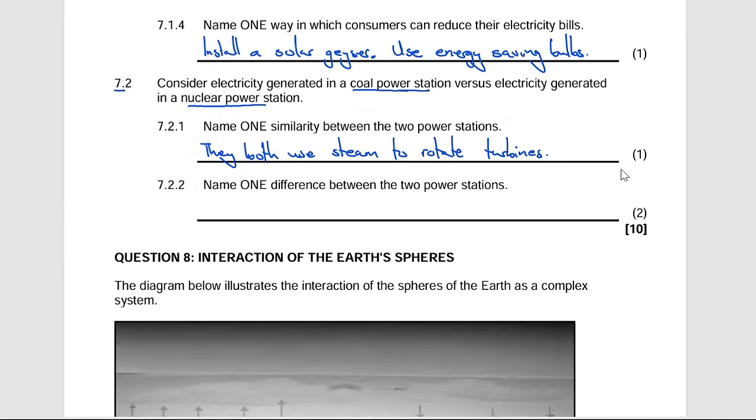Then we proceed to 7.2.2. It says name one difference between the two power stations, right?